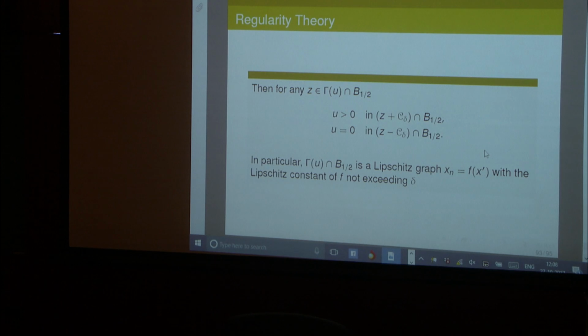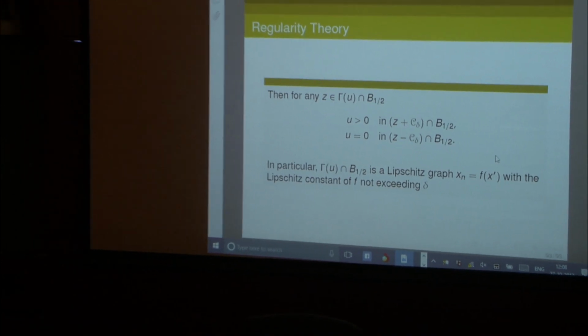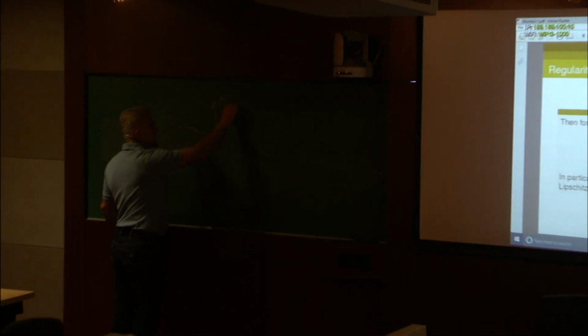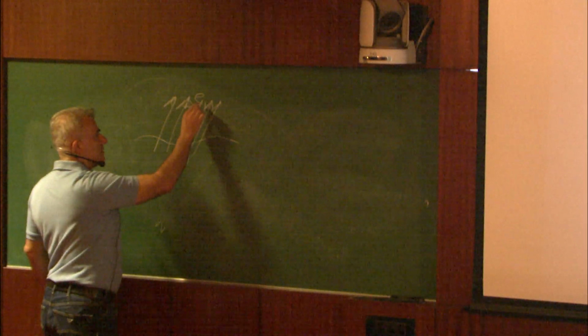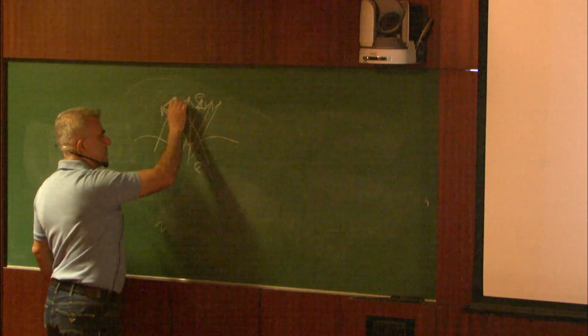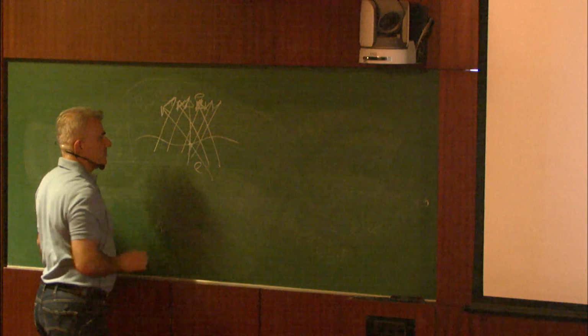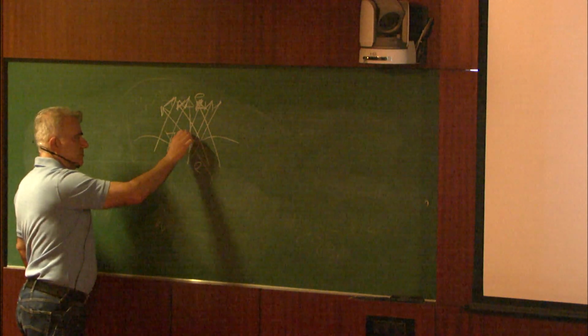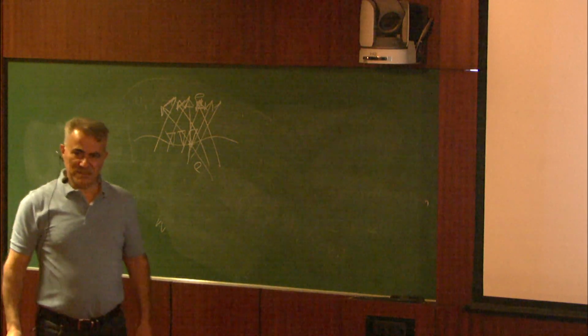It means that if you have a free boundary which is regular in the sense of a low energy point, there is a direction here, e1, and the function is increasing in this direction. This is e1 and this is e, and it's increasing in this direction. So it means that any point here has this cone. That's the cone property.